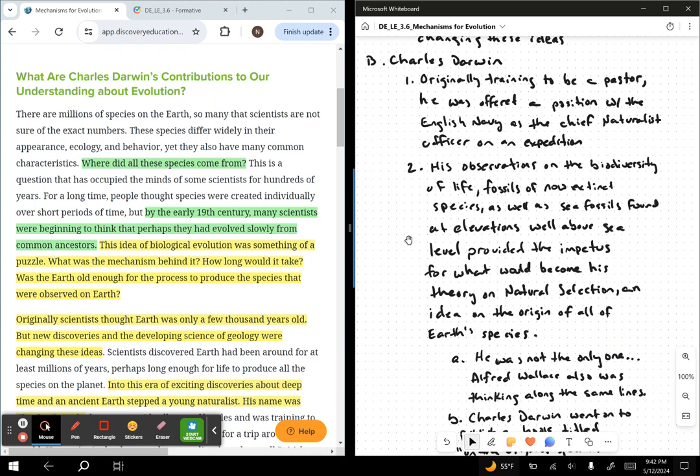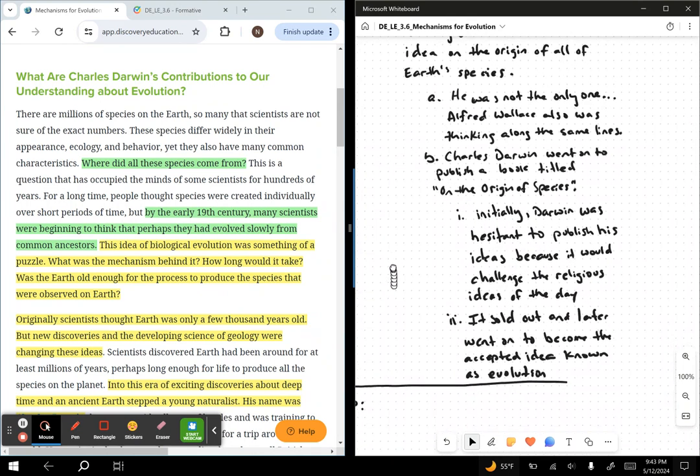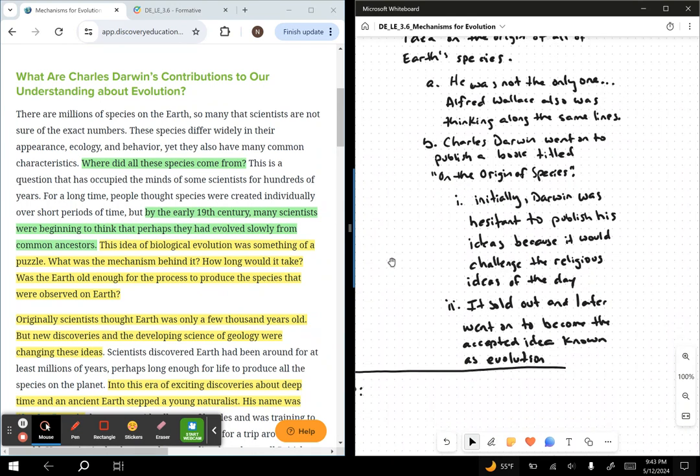And this was not something that came quickly. He spent the next 20 years after that voyage formulating his ideas. Like we said, Alfred Wallace was another contemporary of his who was also thinking along the same lines.